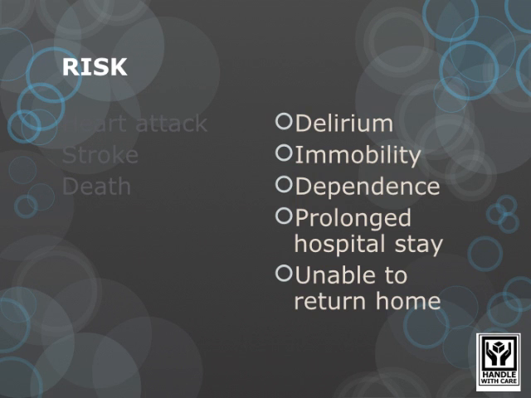Immobility, not being able to get out of bed, not being able to get around safely. Dependence, so not being able to manage their activities of daily living, requiring other people to help them with that. Prolonged hospital stay. Clearly, the gentleman that I talked to you about in the intensive care unit had a prolonged hospital stay that wasn't anticipated.